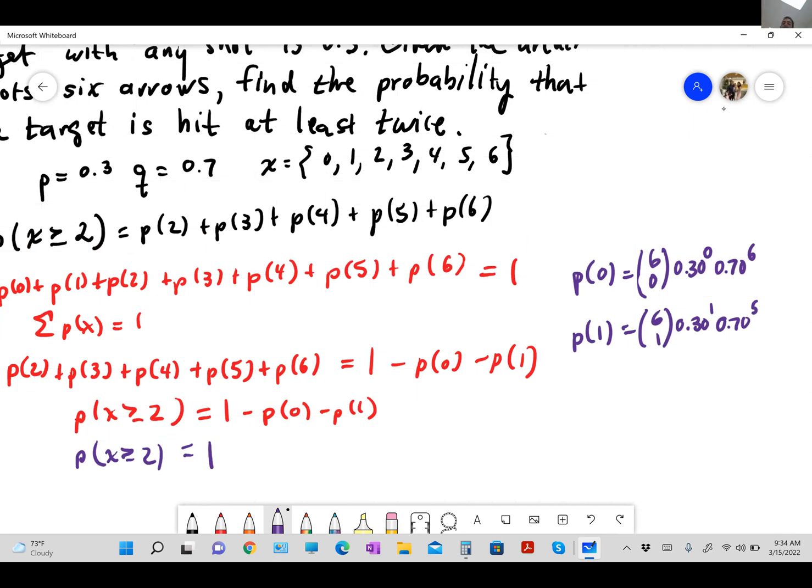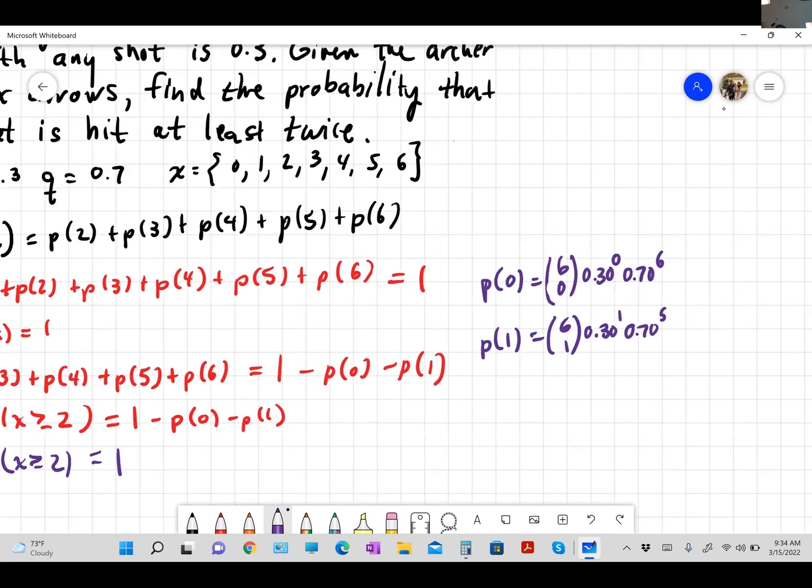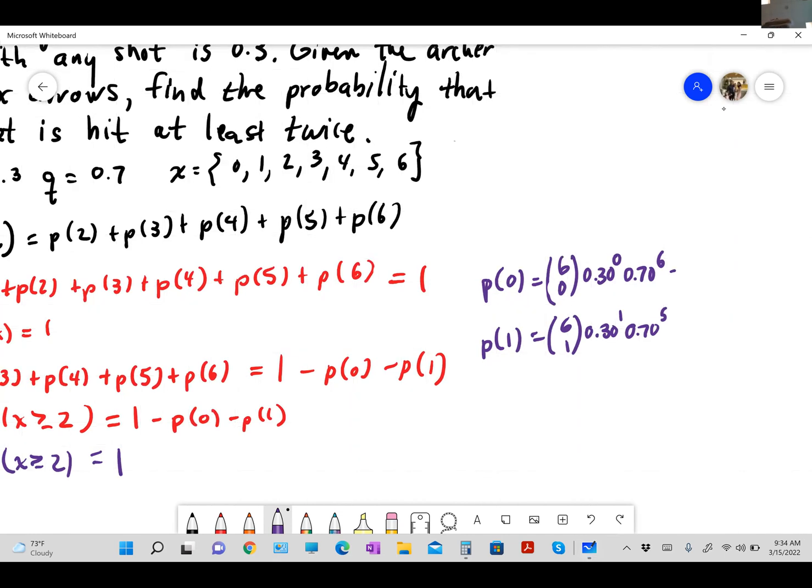So if you computed this, I'll just go ahead and compute it here on my calculator. We have 6 zeros 1, so it's 0.70 raised to the 6, just the first one. I'm going to keep this in memory. This is approximately, they want 4 decimal places, I'm assuming, 0.1176.